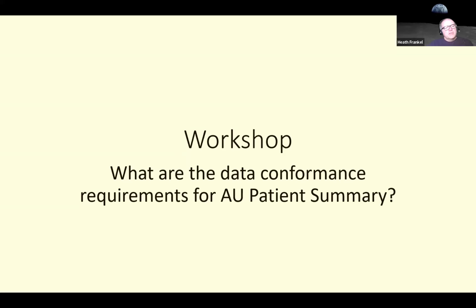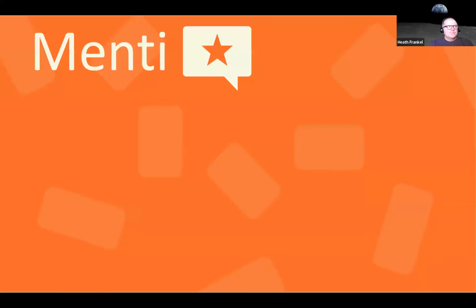So the workshopping side of things now, we're just looking at the data side. What are the data conformance requirements at the moment? What I was alluding to in that previous slide is that we've got data and interaction conformance at the moment in AU Core. We're just focusing on the data conformance bit, so must support, missing data, etc.